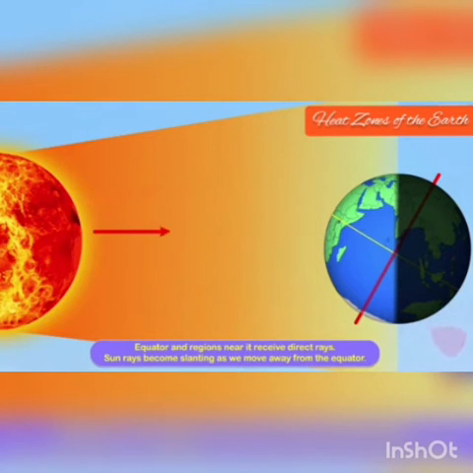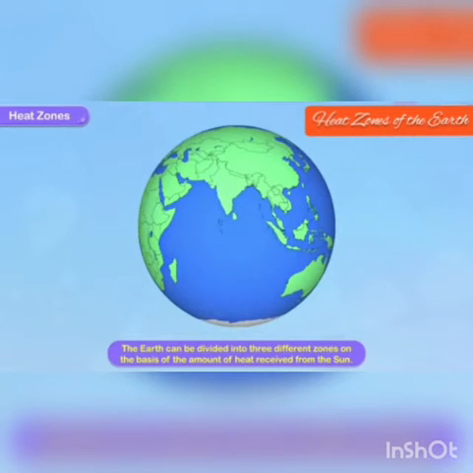Now let's learn about the heat zones of the Earth. The Earth can be divided into three different zones on the basis of the amount of heat received from the sun.